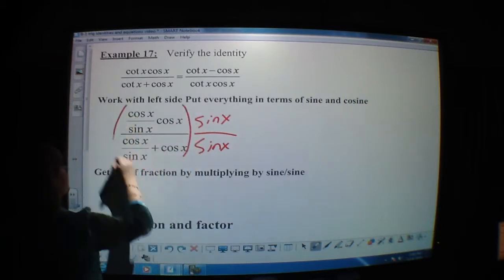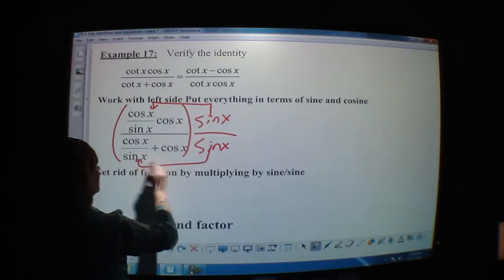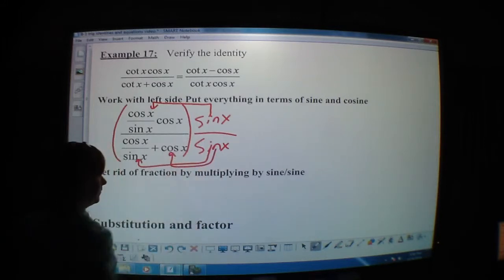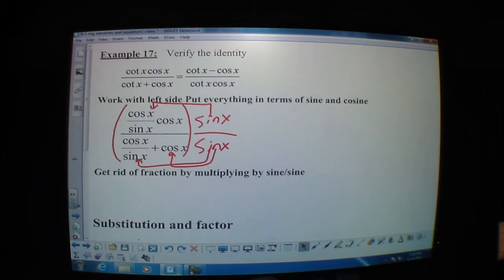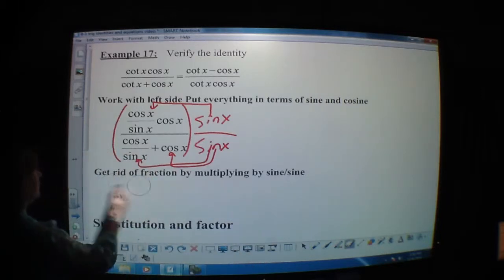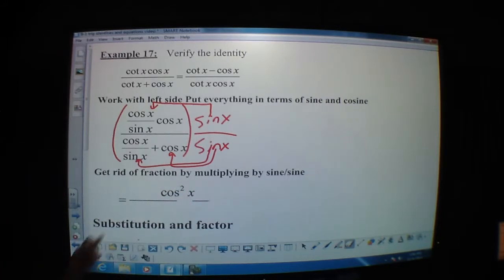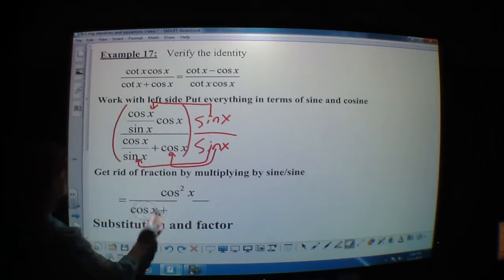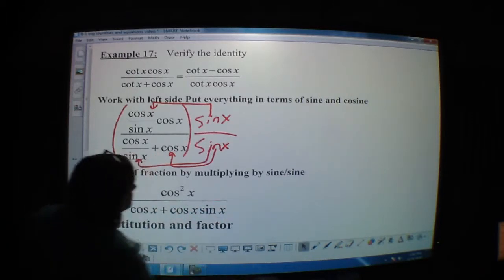So I'm taking this and I'm multiplying this term and I'm multiplying these two terms. This is just one term here, cosine squared sine. And when I do that, I will get cosine squared of x on the top, and on the bottom, I'll get cosine of x plus cosine sine of x.